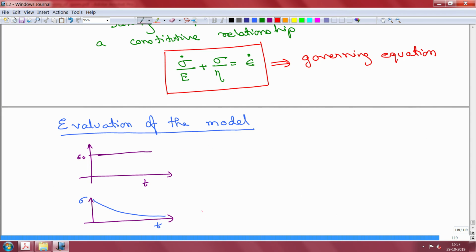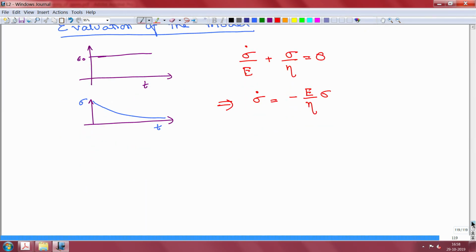So, in this particular situation where you are applying a constant strain, your governing equation becomes rather simple, equal to 0, which implies sigma dot is minus E over eta times sigma, and this is a very simple ODE for which the solution should be known to you.